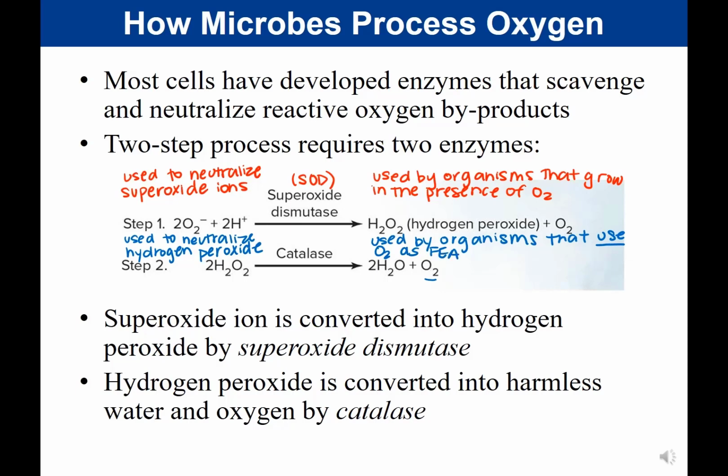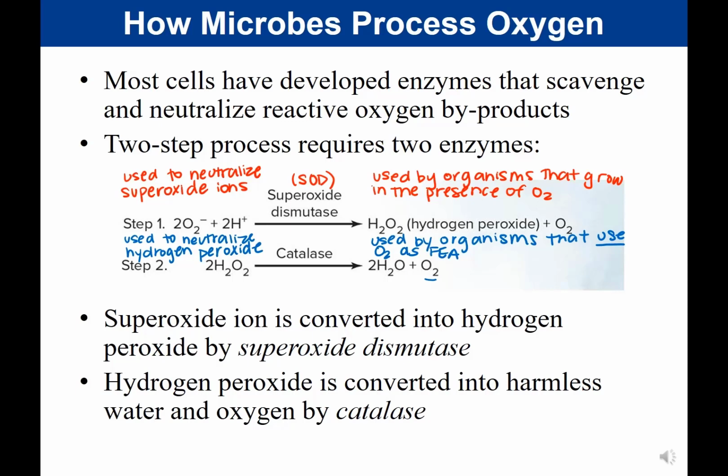So not only do they grow in the presence of oxygen, but they actually use O2 as their final electron acceptor. Because if the organism does not use O2, they're not going to want to use catalase and produce more oxygen. Notice that this product is going to produce more O2. That doesn't want to happen if the organism is not going to utilize that O2.